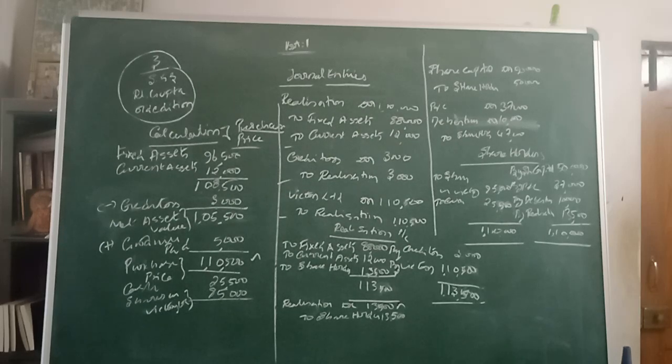Then current liabilities, that is liabilities to third parties, should also be transferred to realization: creditors account debit to realization. Third one, always the transfer of purchase price. Here the purchase price is 1,10,500, and that is transferred to realization. Who is paying the purchase price? The purchasing company, Victory Limited. So Victory Limited account debit to realization.